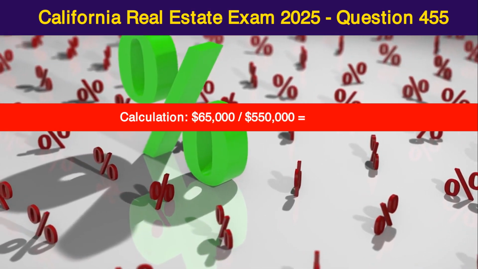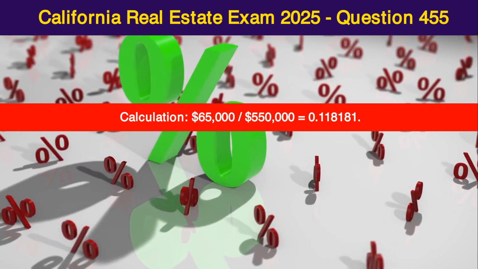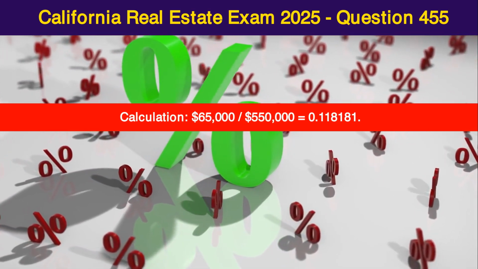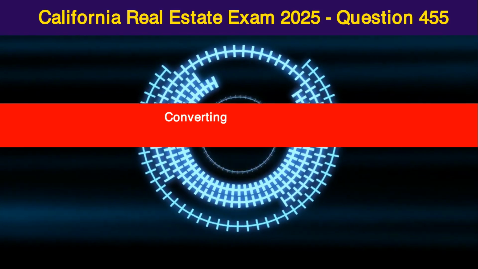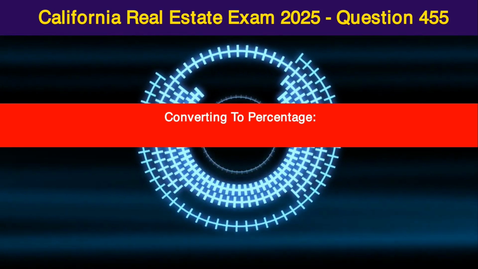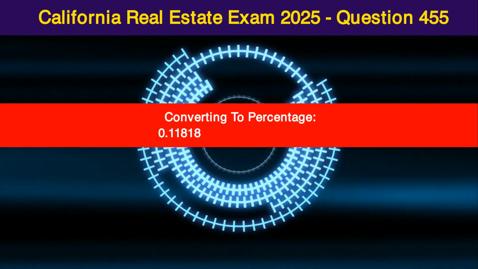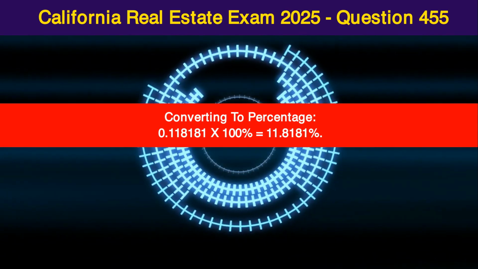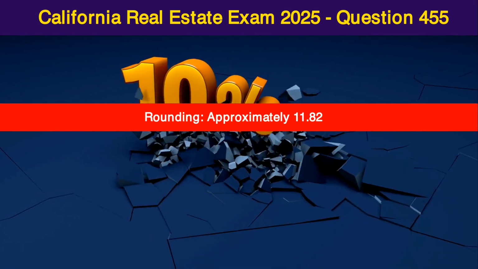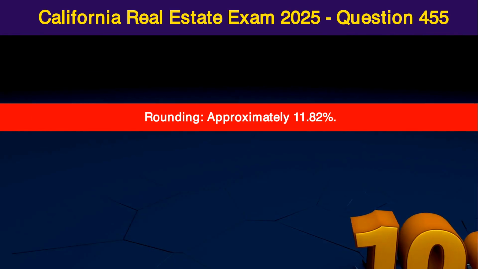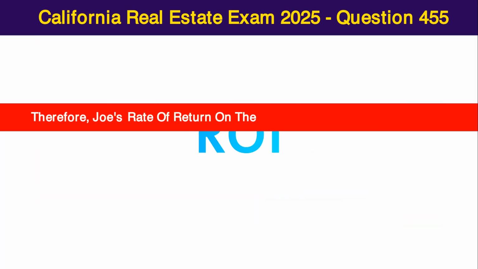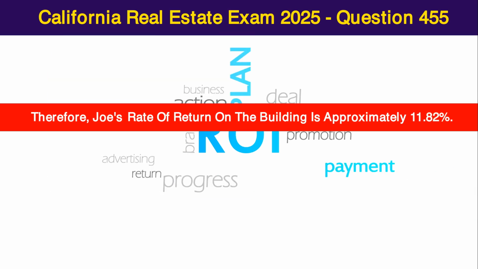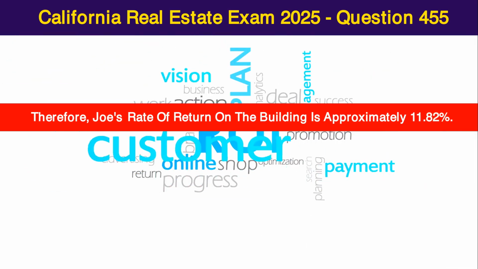Calculation. $65,000 divided by $550,000 equals 0.118181. Converting to percentage. 0.118181 x 100% equals 11.8181%. Rounding. Approximately 11.82%. Therefore, Joe's rate of return on the building is approximately 11.82%.